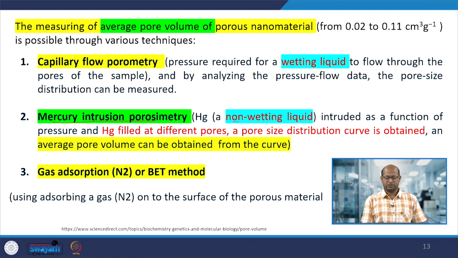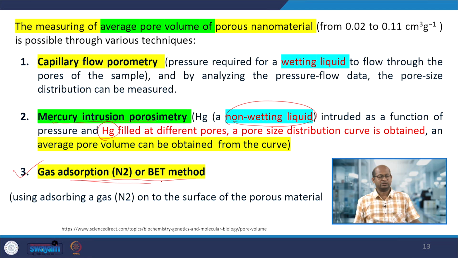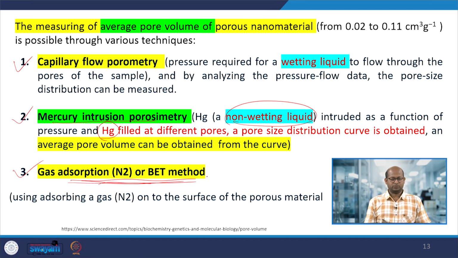Here non-wetting liquids we can use, mercury, that is the non-wetting liquid that can be used for this particular measurement of the pore volumes present in porous materials. Okay. And the third one is gas adsorption that we have already discussed, the BET method. So these are the initial methods, and after that this is the most widely used and most widely accepted method. So that would give more accurate measurements of pore volume, pore size, BET surface area.